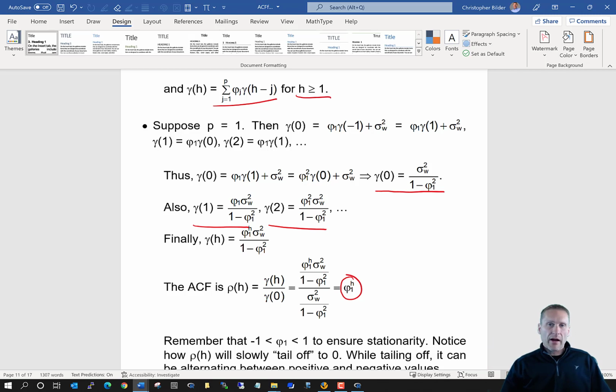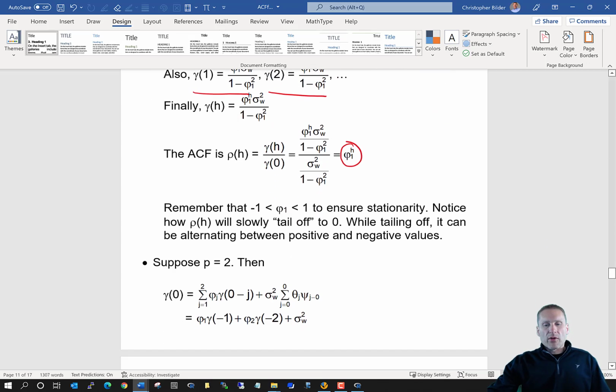Like 0.5 raised to the 1 power is 0.5, 0.5 raised to the 2 power is 0.25, 0.5 raised to the 3 power is 0.125, and you can see how that autocorrelation is going to 0. Very often we will refer to this as tailing off to 0 in time series context. And so when we see something like this, that says maybe an autoregressive 1 model might be appropriate.